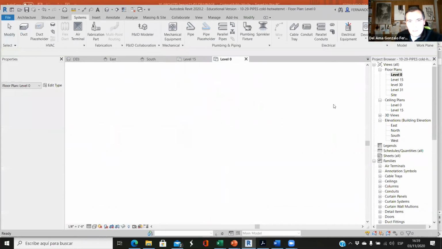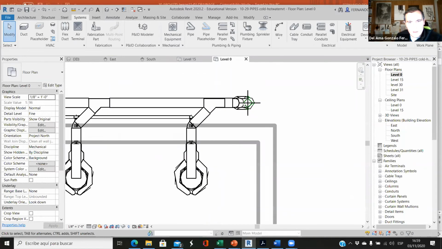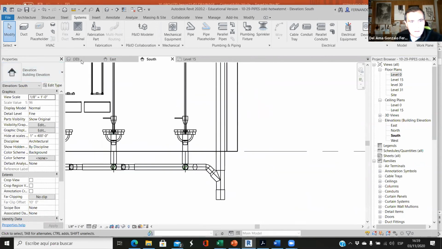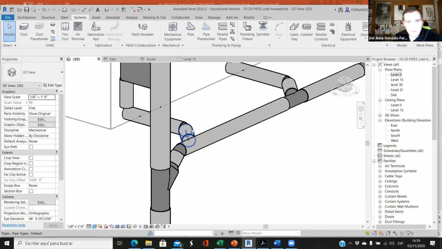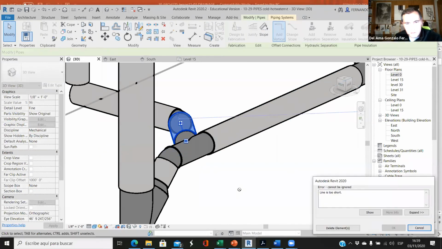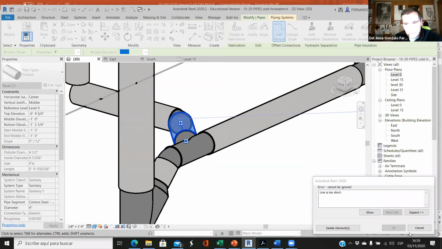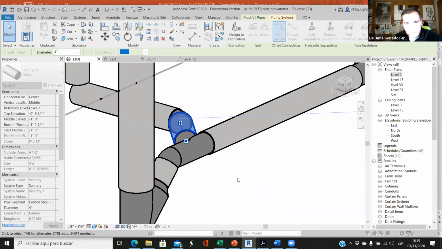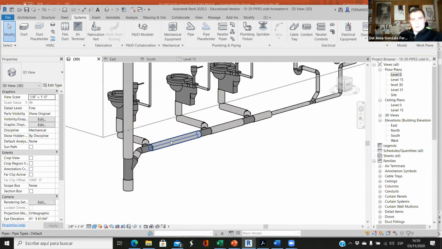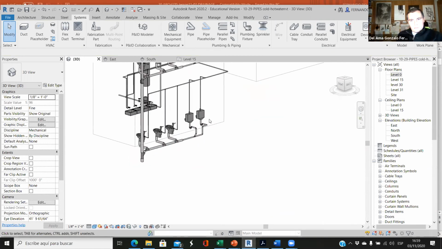And then on level 0, oof, it's a mess here. Be careful because this is not connected yet. There you go. Okay, so it's quite good.